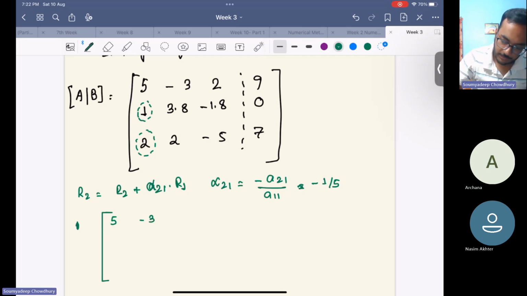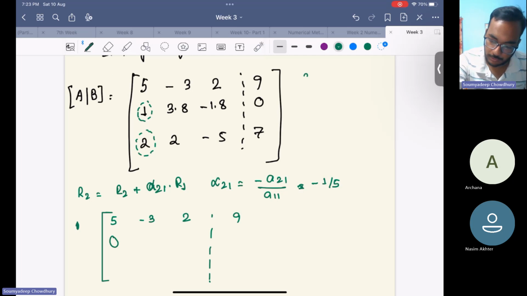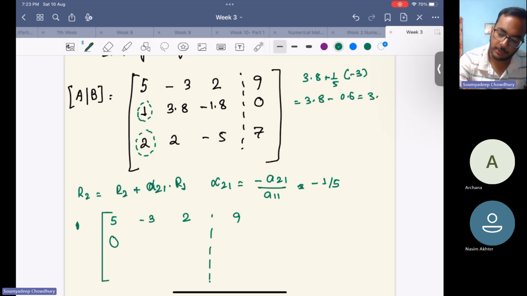5, minus 3, 2, 9. This one is 0, 3.8. So 3.8 minus of minus 1 by 5 into minus 3. 3.8 minus 3 by 5 means 0.6. So it is 3.2.